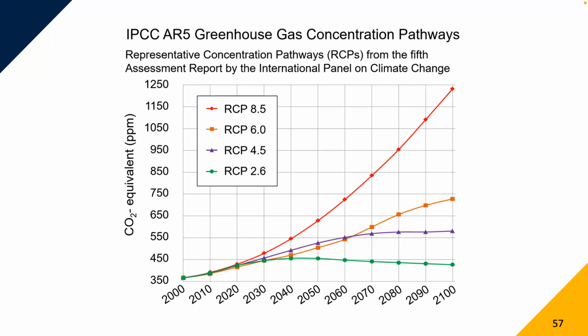So this is, if you remember, the average solar insolation is about 300 watts per meter squared on the surface. And so what pathway would increase that by 2.6 watts all the way up to 8.5 watts per meter squared? And that's eventually what's leading to your temperature increases.